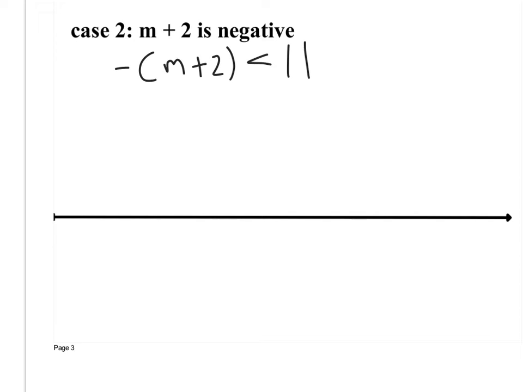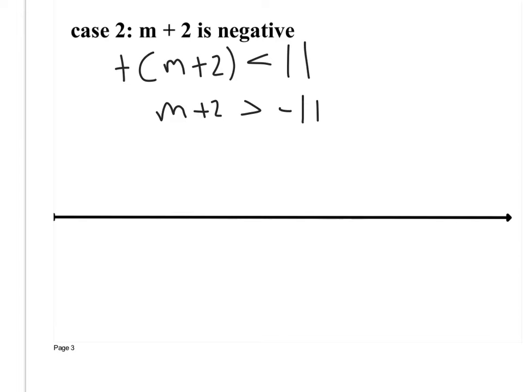I can make it positive, and if I make this side positive, what do I have to do? I've got to change the sign on the other side. So I'm going to make this negative 11. But when I do that, I have to change my inequality sign. Okay?